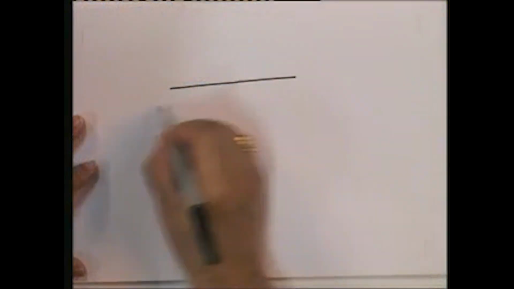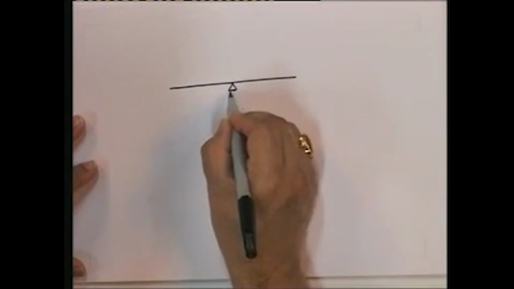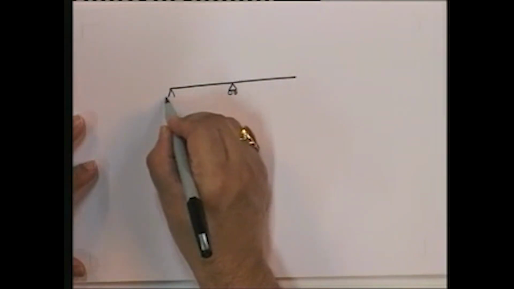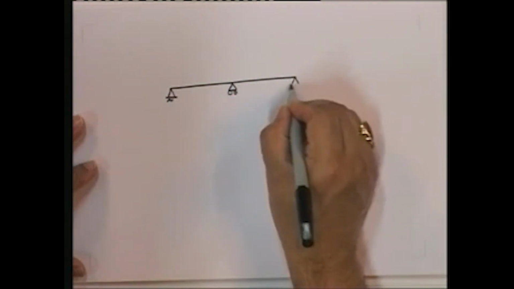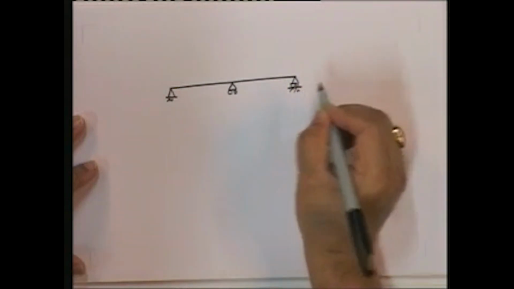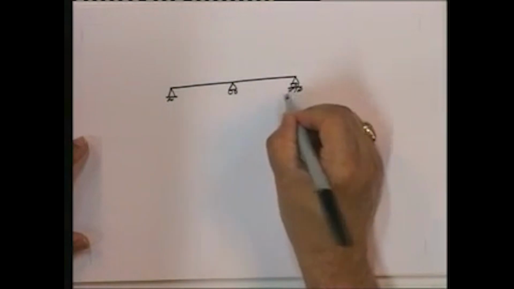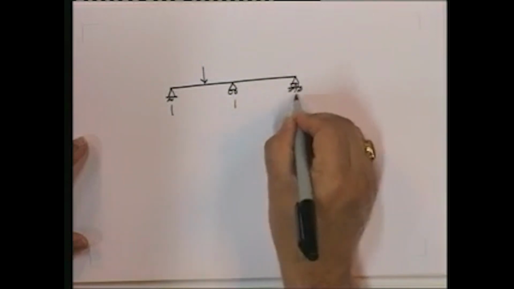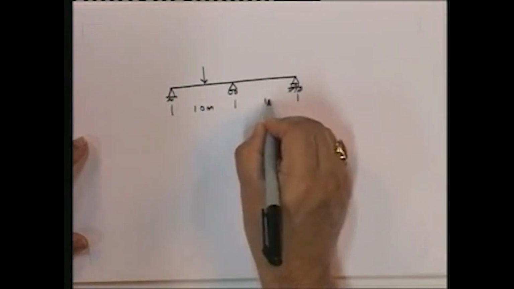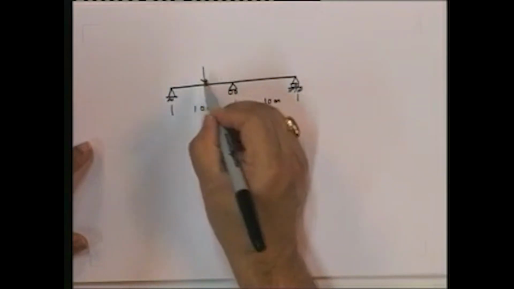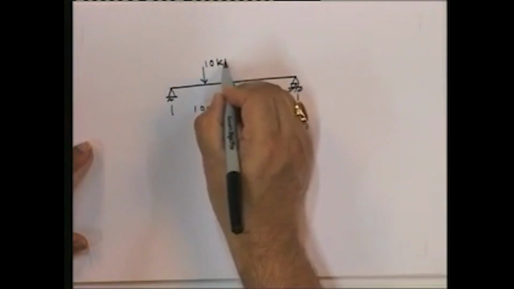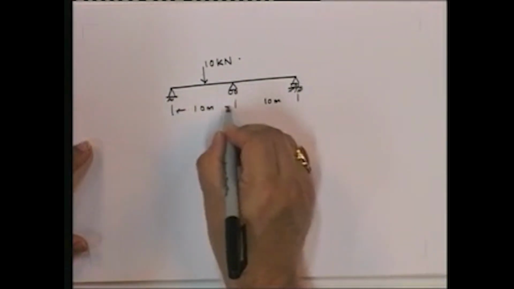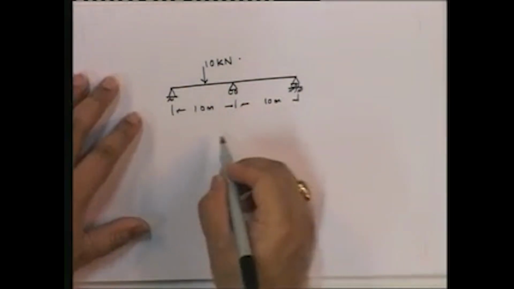Now let's look at a statically indeterminate beam. And let me put a loading here. Let's say that these are 10 meters, and this load is 10 kilonewtons. So this is a 2-span beam.